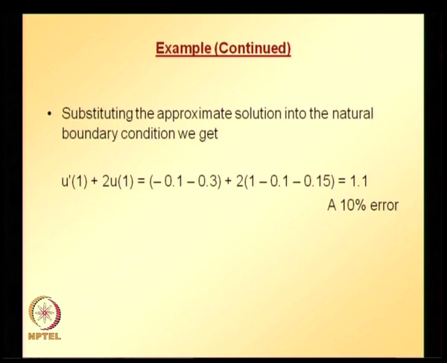If you want to reduce this error further, you can start with a higher order trial solution. You can start with a cubic trial solution or a quartic trial solution. Okay. So now we will solve the same problem using a cubic trial solution and see by how much percent this error reduces.